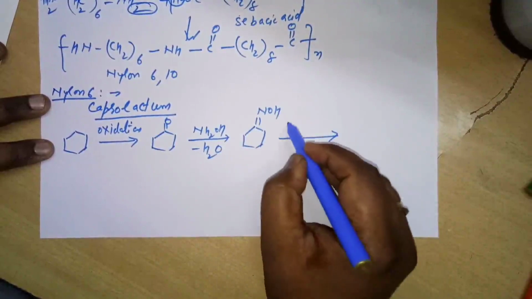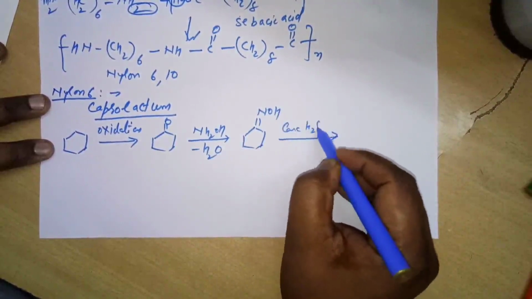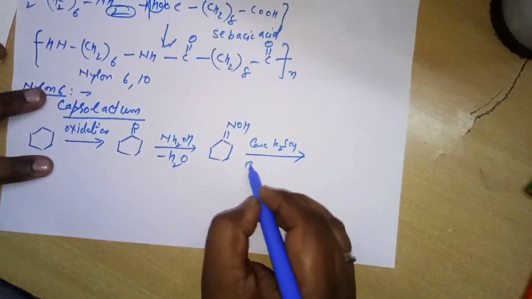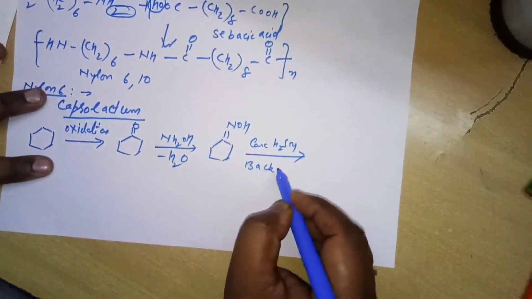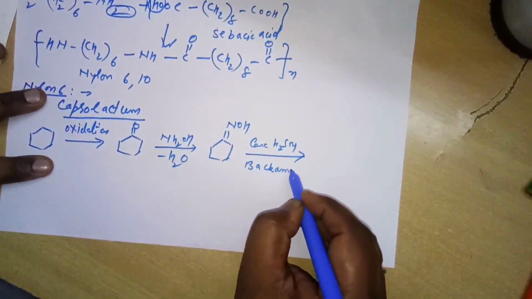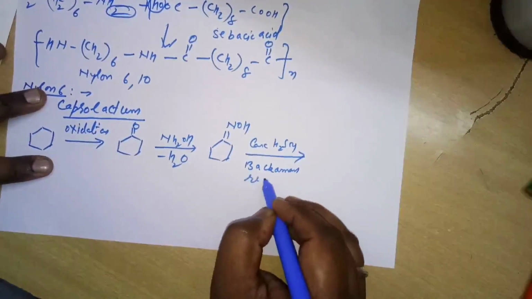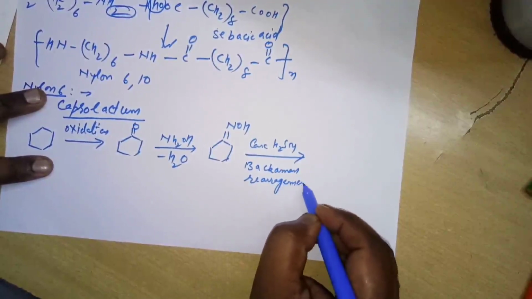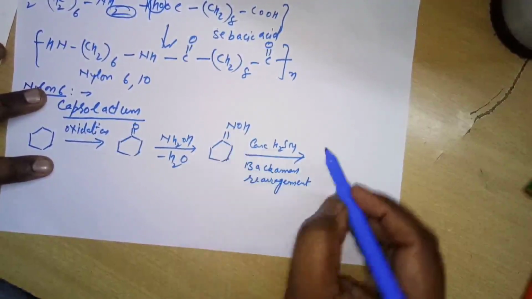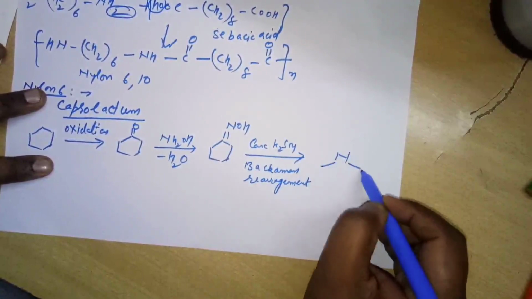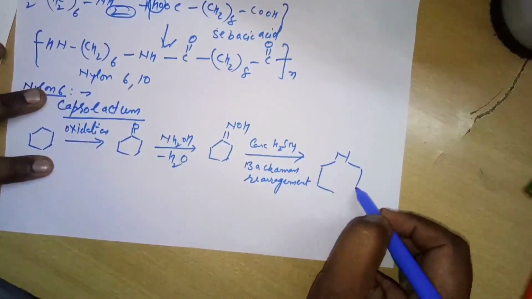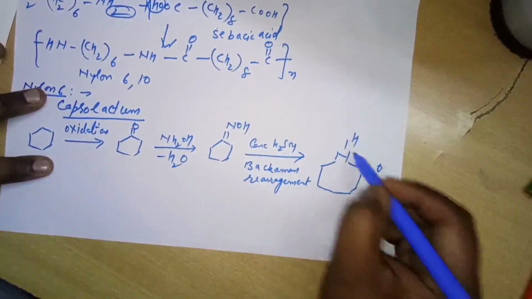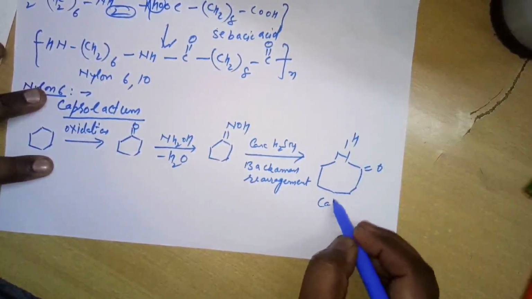This, in presence of concentrated H2SO4, undergoes Beckmann rearrangement. This nitrogen undergoes ring expansion. We get this. This compound is called caprolactam.